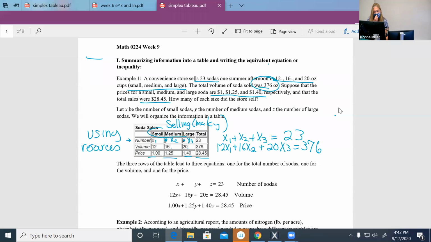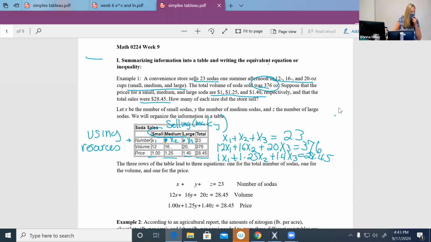Except these are going to be inequalities in a minute. In the third row, 1X1 plus 1.25X2 plus 1.4X3 is 28.45. Once I have that table set up, I can just read straight across the rows.